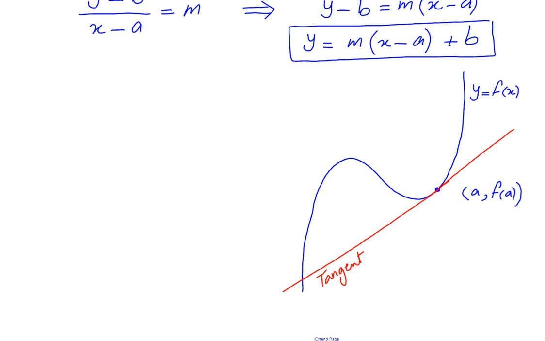We know that using derivative, we can find f dash at a. So if I differentiate the function and find f dash and substitute the point a, this will give me the slope of the tangent at this point a.